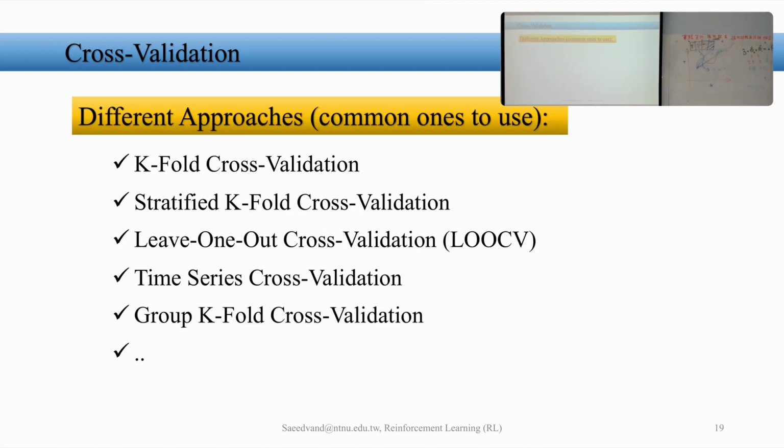There are different approaches. K-fold cross-validation is one of the most popular ones that we will see. We have stratified K-fold cross-validation, leave one out cross-validation, LOOCV, time series cross-validation, group k-fold cross-validation, and so on. These are the most popular ones.